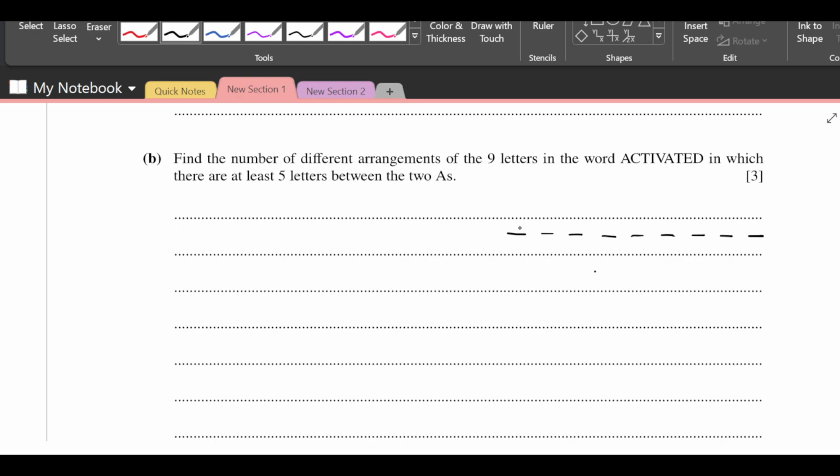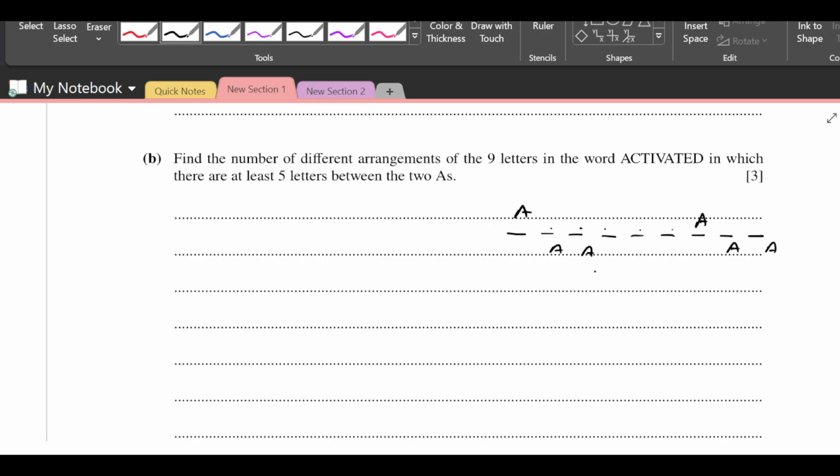Now when there are 5 letters, A could be here, then 1, 2, 3, 4, 5, and then A could be here. Then this A can shift here and here, and then the other A can shift here and here.